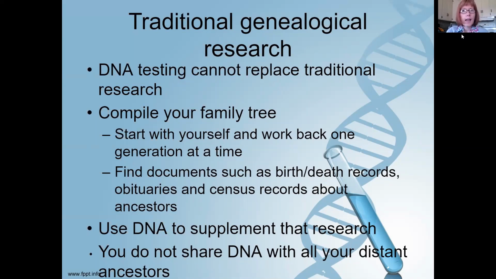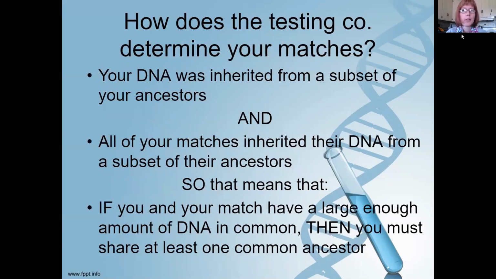And as an aside, how does the testing company determine who your matches are? Well, and this is very, very broad. I'm talking very, very broad here. Your DNA was inherited from a subset of your ancestors, and all of your matches inherited their DNA from a subset of their ancestors.